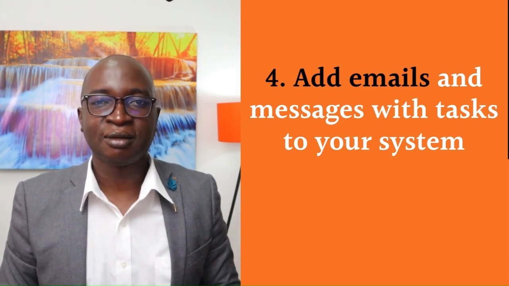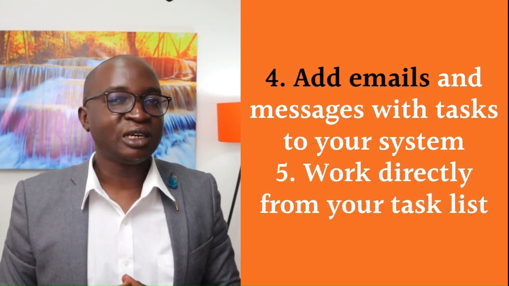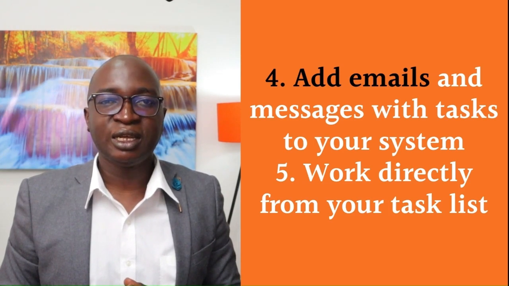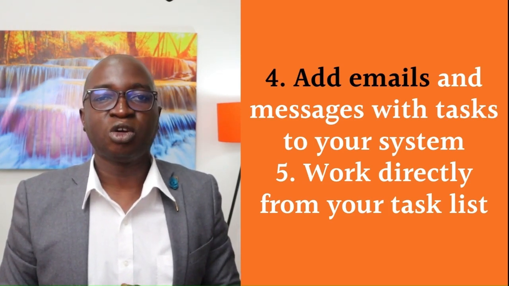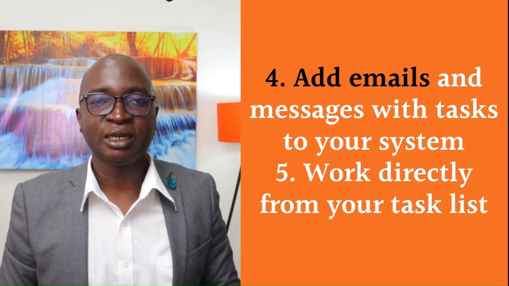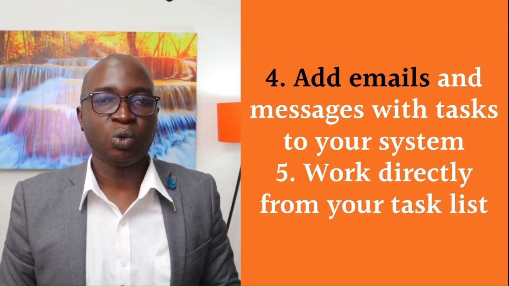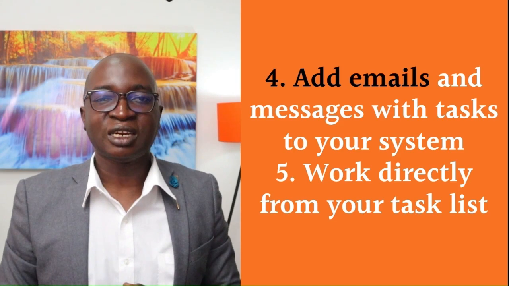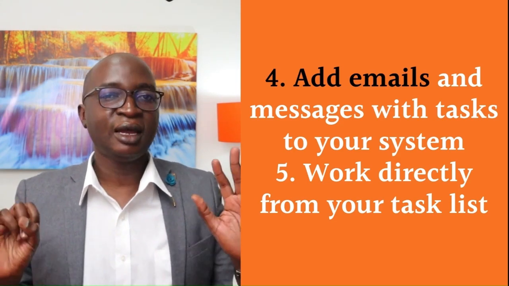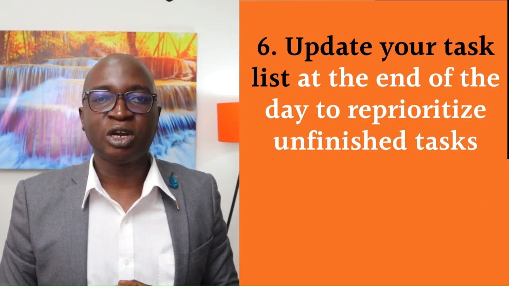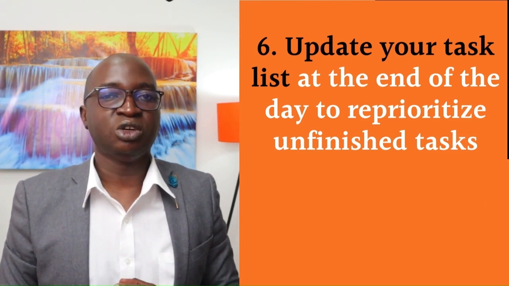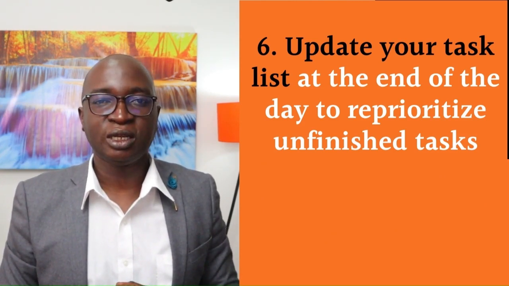Resist this. 5. Work directly from your task list during the day so that you can make sure that you're working on what you prioritize and documenting what actions you're taking. Update your tasks as you go, so you don't have to hold that information in your mind. And 6. At the end of every day, update your task lists to reprioritize and reschedule anything you didn't end up getting to today. 7.